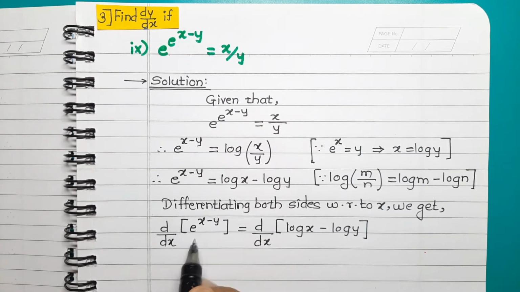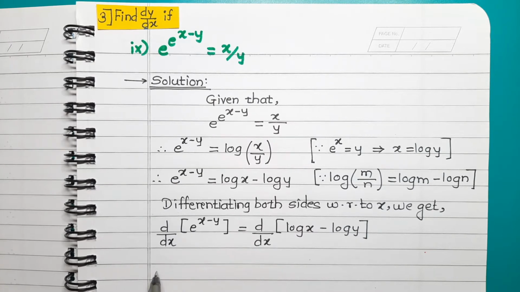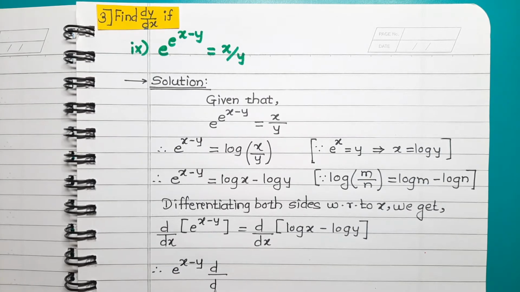Here, it is a composite function. So let's treat it as e raised to something and use the chain rule to differentiate. So the derivative will be e raised to something into d by dx of something, which is x minus y.